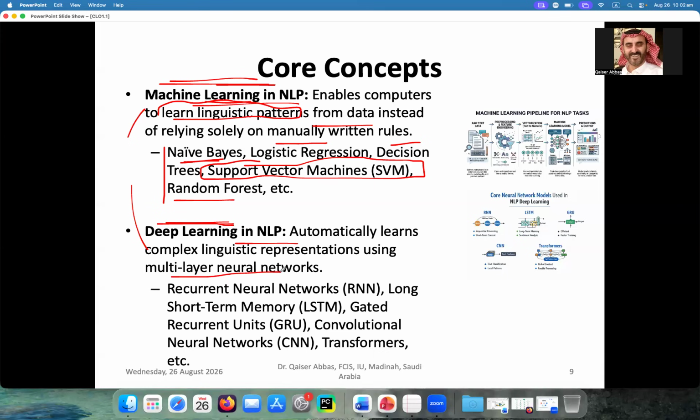We are not talking about this. We are talking about the layers which are in between input and output. So there are different models in it: recurrent neural networks, long short-term memory LSTM networks, gated recurrent units GRUs, CNNs, and transformers.